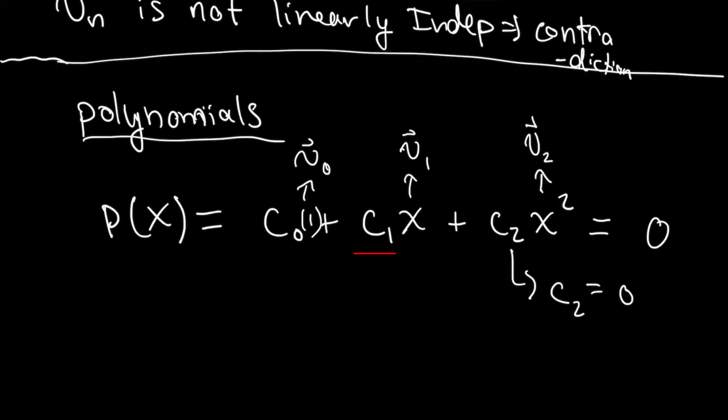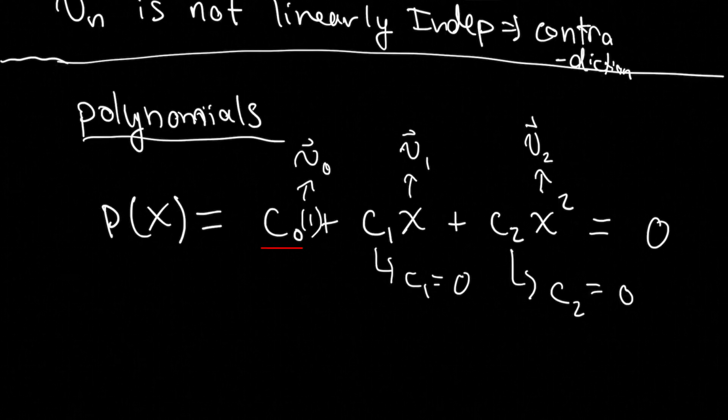Now, if we make c1 not equal to 0, that means the value of that term in the function is going to be changing as we change x. Now, the c0 term is only going to be a constant, so that's not going to be changing with x. So it would be impossible to choose the c0 term in just the right way to cancel the c1 term for all x, because the c1 term is changing as a function of x, while the c0 term is not able to do that. And therefore, the c1 term is equal to 0 as well.